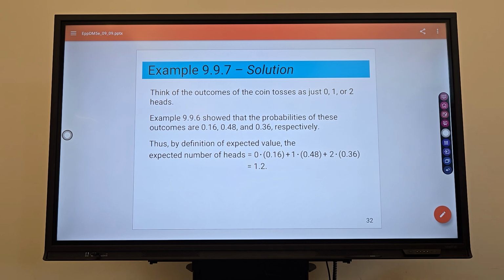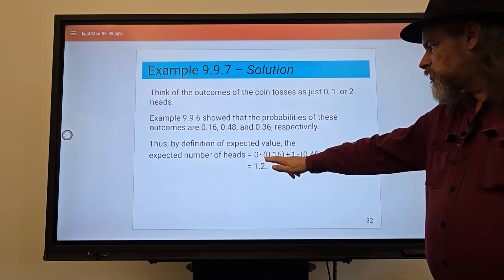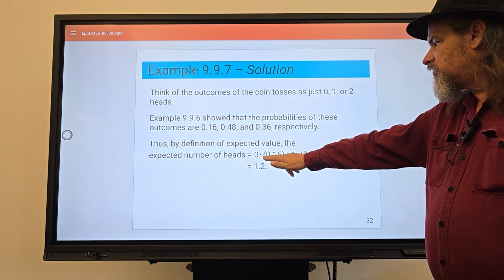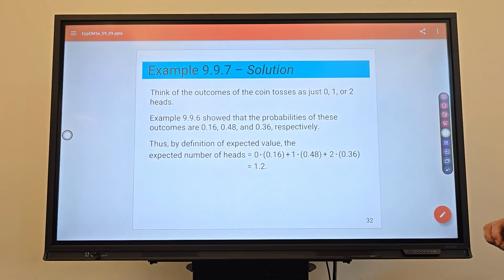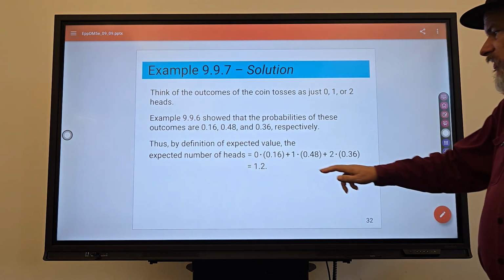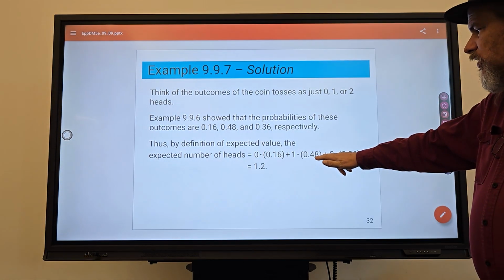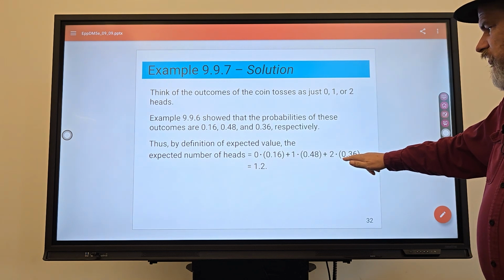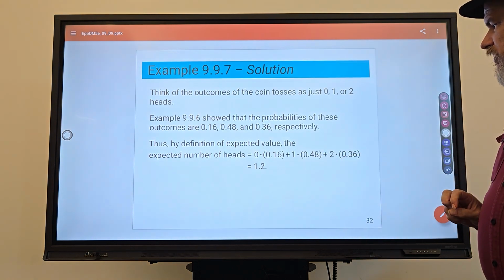Thus, by definition of the expected value, the probability of 0 would be 0.16, probability of 1 would be 0.48, and the probability of 2 would be 0.36.